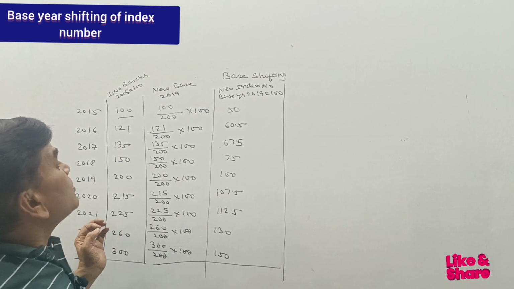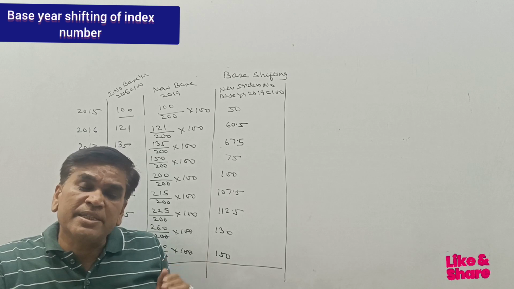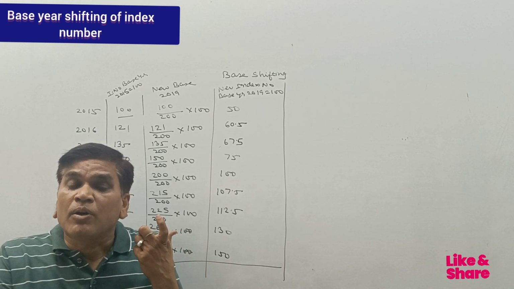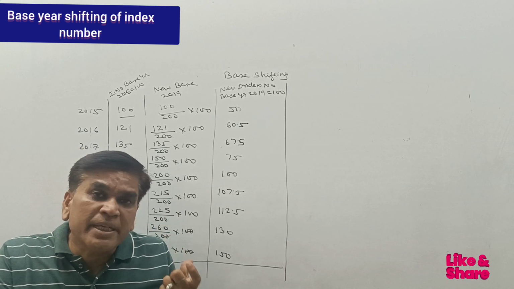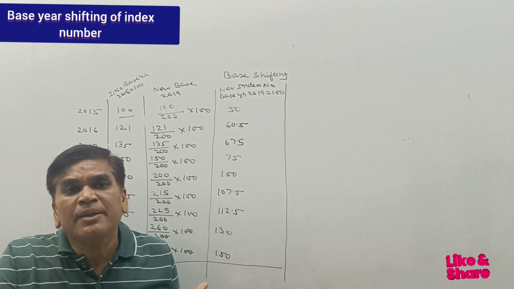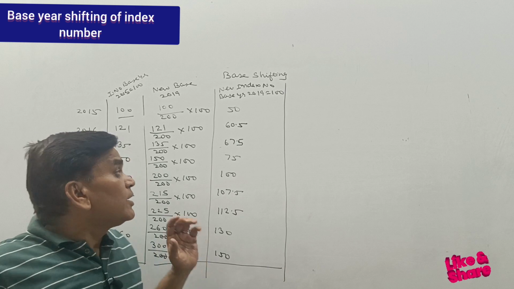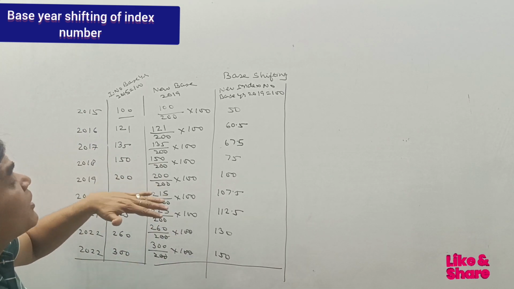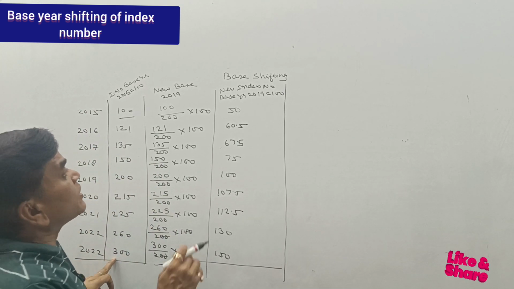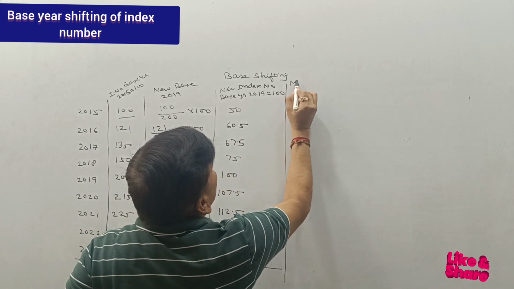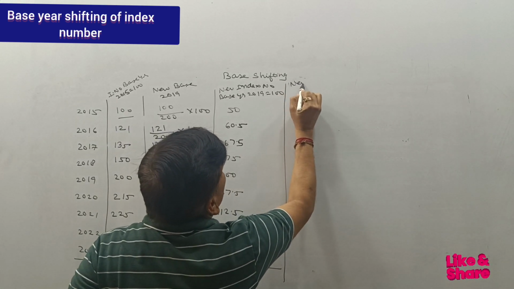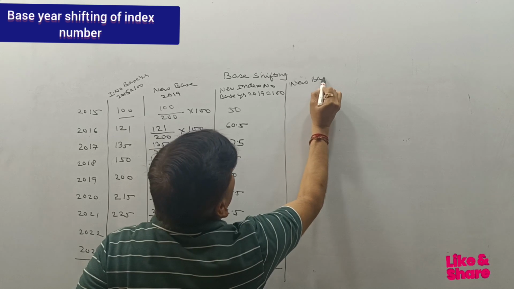So what do we have to do to change the base year? We take the old index number of the current year divided by the old index number of the new base year, multiplied by 100.